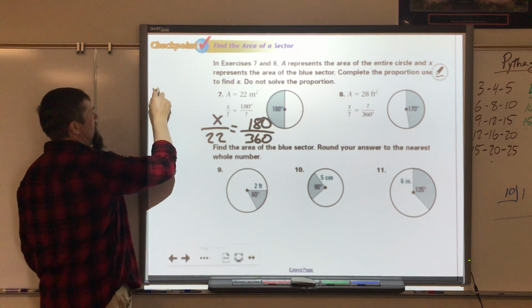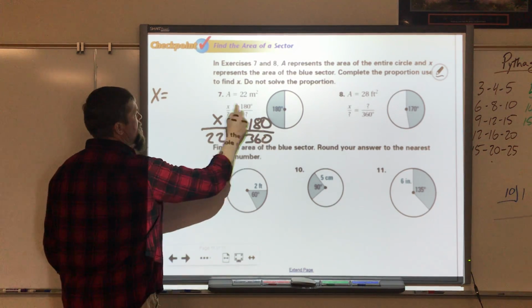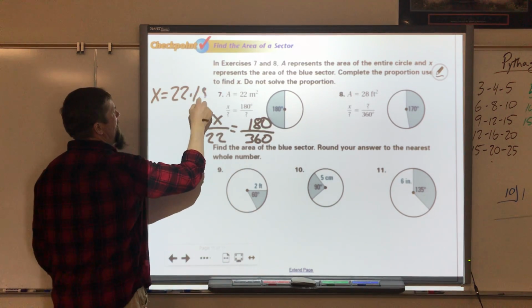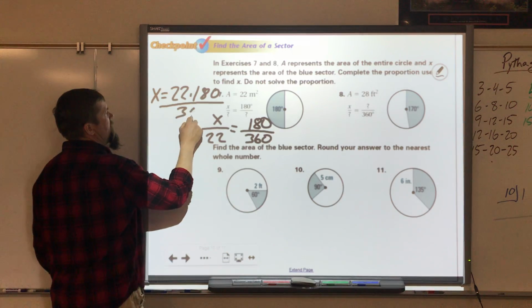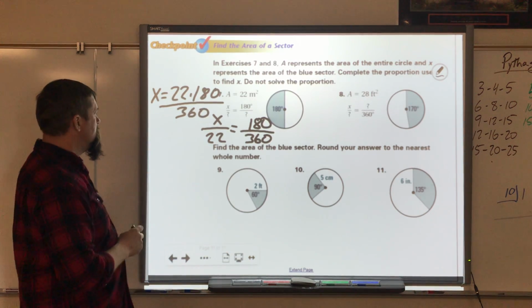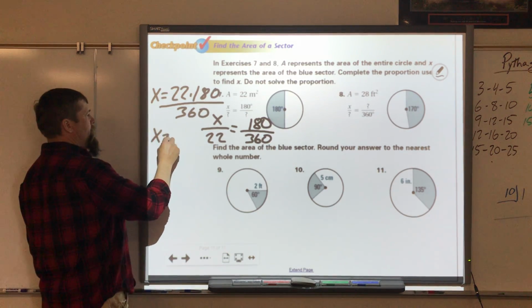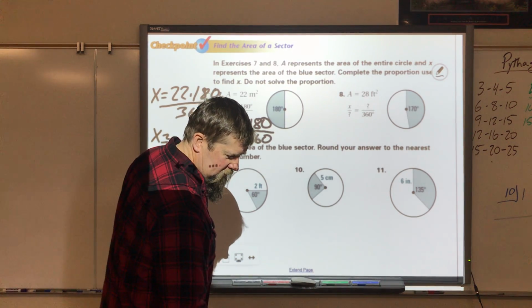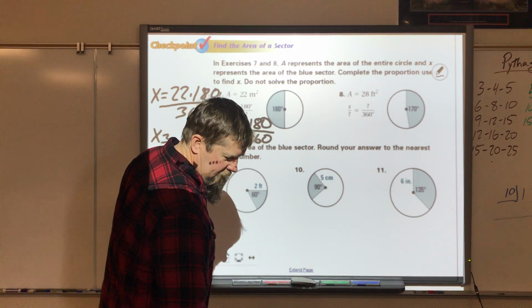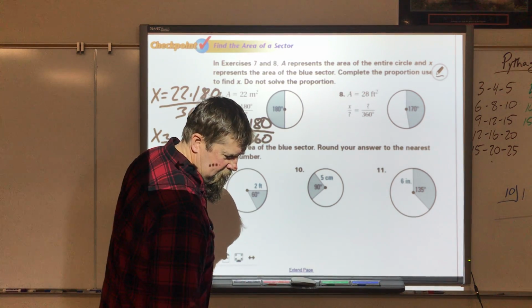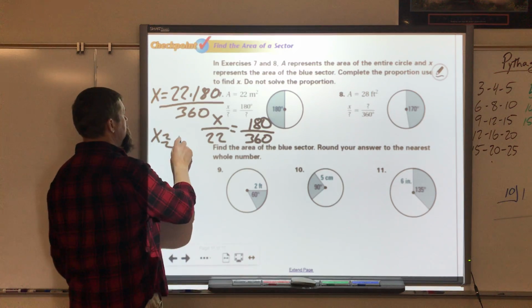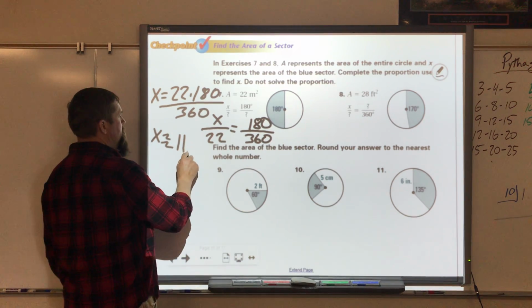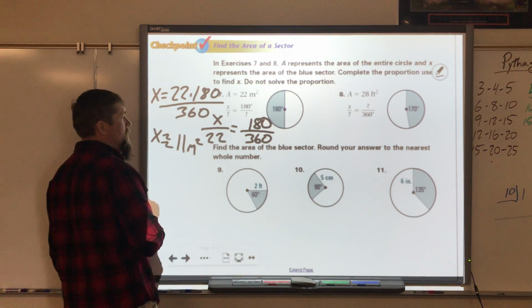So x is equal to 22 times 180 divided by 360. I have to do that on the calculator: 22 times 180 divided by 360 is 11 meters squared.